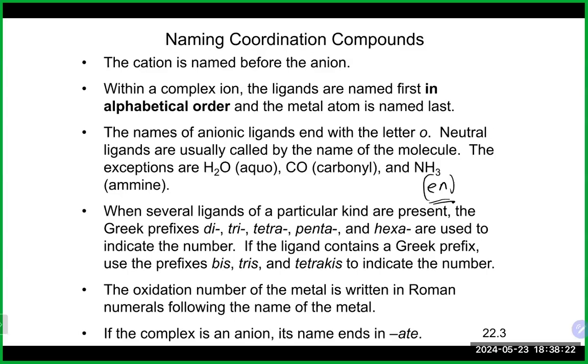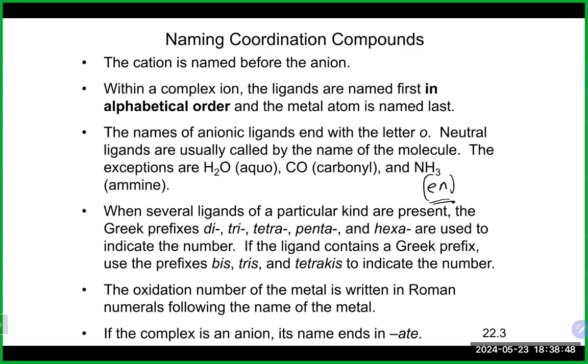Now, this last one is where we come into play with what we were just talking about on the previous slide, which is if the complex ion you have is negative, we roll with the old school name for the metal, which ends in ate. So instead of iron, it will be ferrate. Instead of copper, it will be cuprate, plumbate, and that type of stuff.